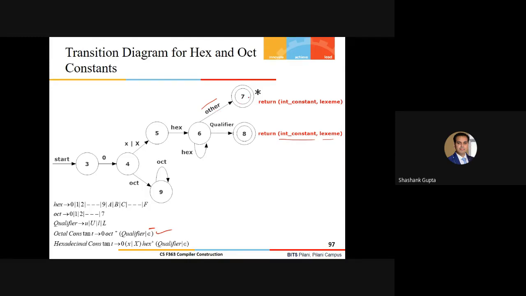And which will take me to another accept state, and I'll introduce this particular flag which indicates that the lexeme which has brought me from state 6 to 7, I should not consume it as my current lexeme here, and I should return the hexadecimal constant in integer format.